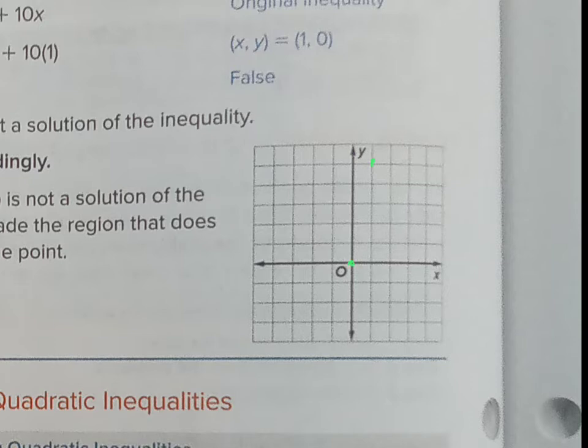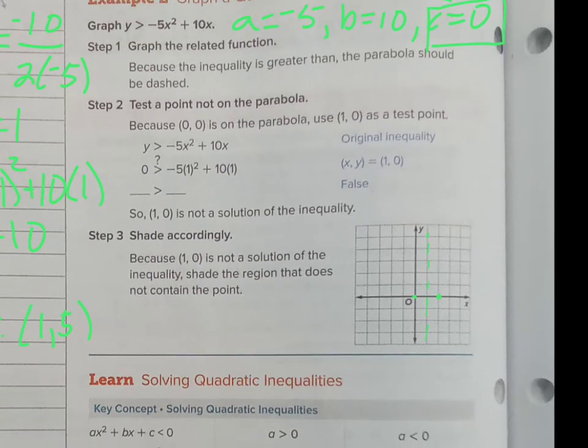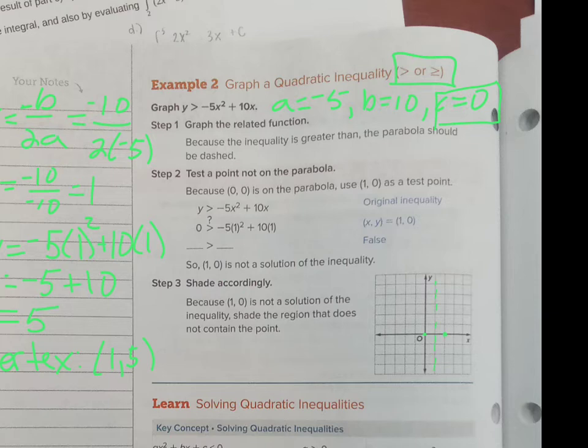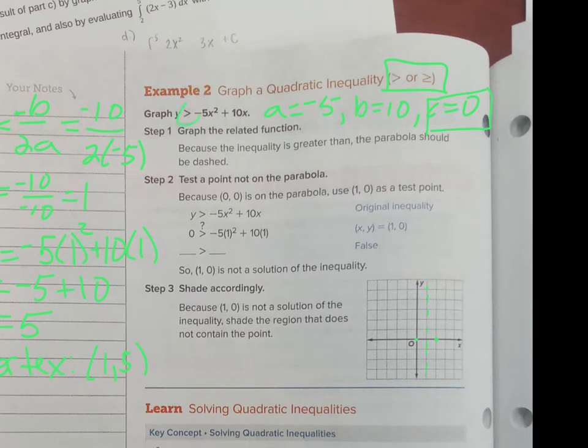And since this is symmetric over this line, there also must be a point here at (2, 0). Okay, make sure you check this. I didn't look closely right away. Right, it is a dotted line because it's not equal to.